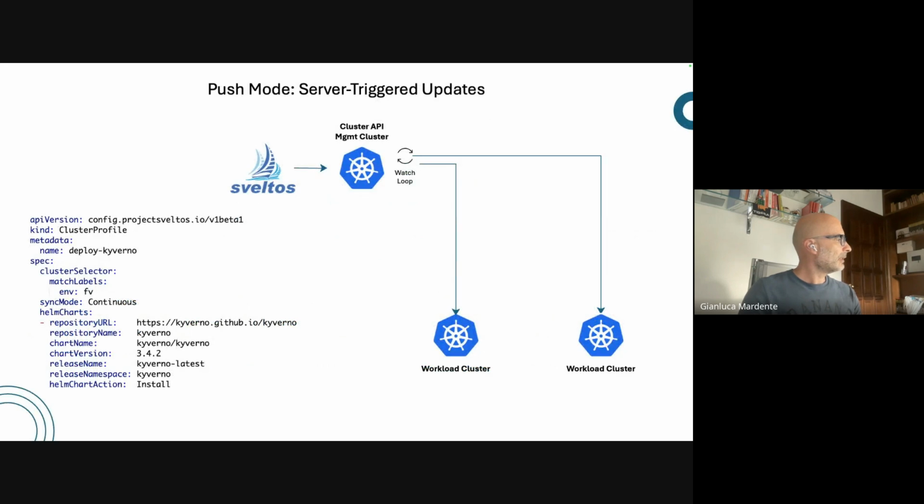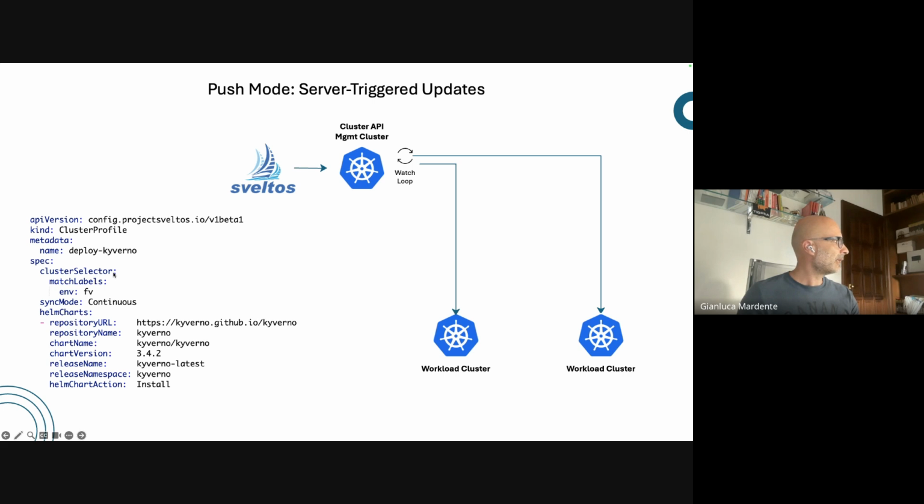So this is a slide that explains how Sveltos deploys in push mode, and then we'll see the same slide in pull mode. So in push mode, if you're familiar with Sveltos, you know that you create a cluster profile, and the cluster profile has a section, which is the cluster selector. And a cluster selector is just a pure Kubernetes label selector.